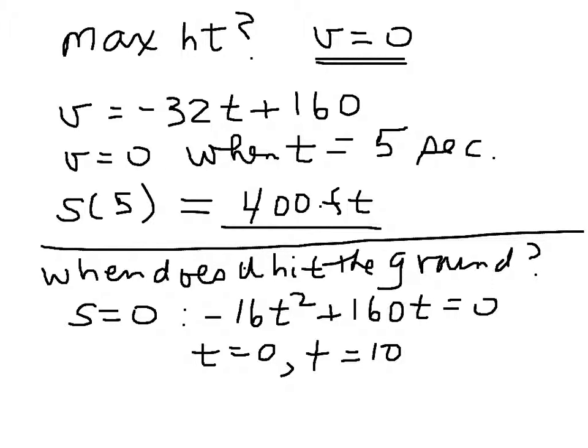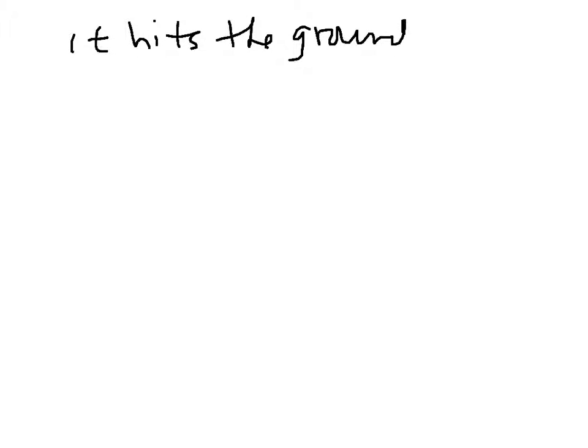So we have 2 times when the particle is on the ground, at the very beginning and after 10 seconds when it hits the ground. So we've answered the question when it hits the ground. It hits the ground when t is equal to 10 seconds.